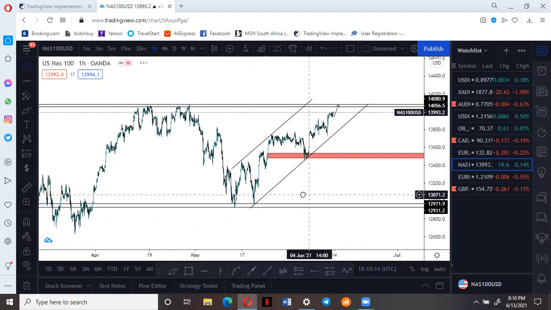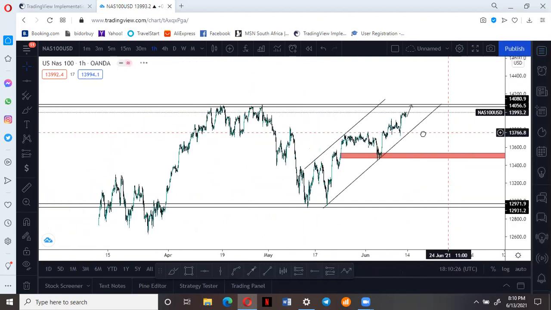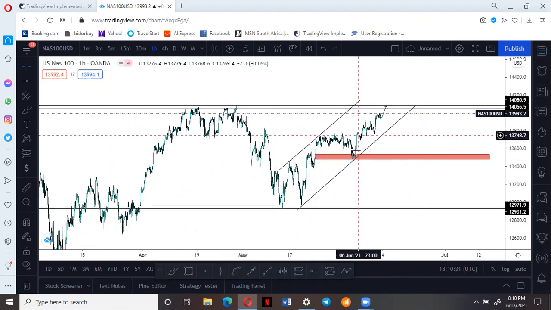Now looking at this chart right here, we can see that we are approaching a supply zone, or whatever you call it. And you can see the drastic rise right there. After this touch here, you can see the drastic rise, and the break out of that resistance level.